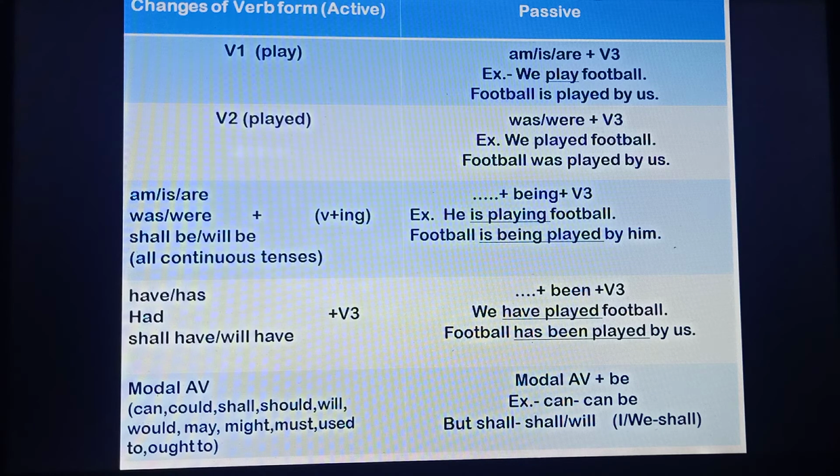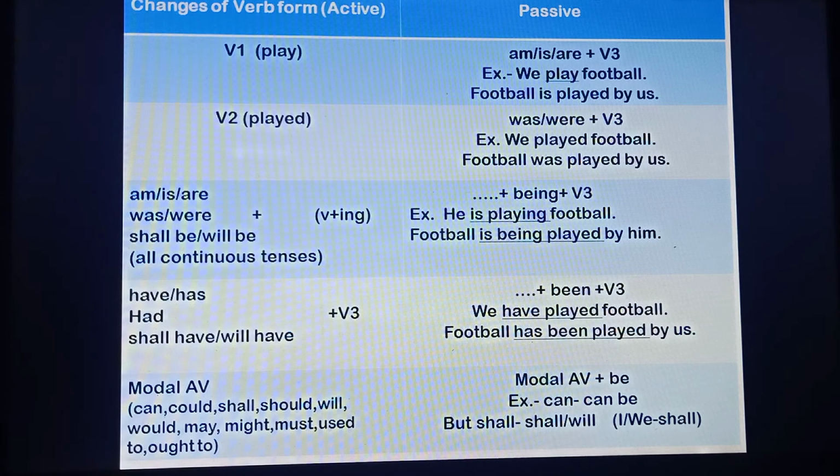So this is all about tense, and if you find the modal auxiliary verbs, there is can, could, shall, should, will, would, may, might, must, used to, ought to. So you'll have to memorize these modal verbs, and if you find modal verbs, you'll have to use be verb with this. That is can be, could be, should be. So in this way you'll have to add be verb.